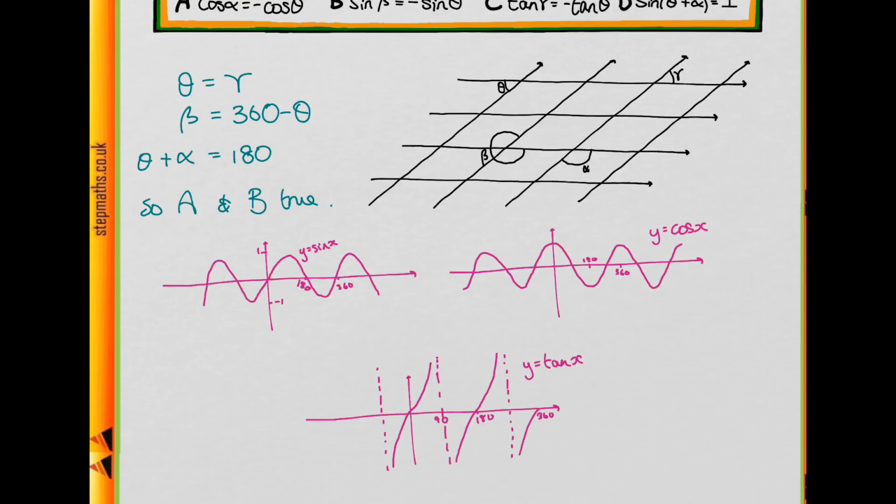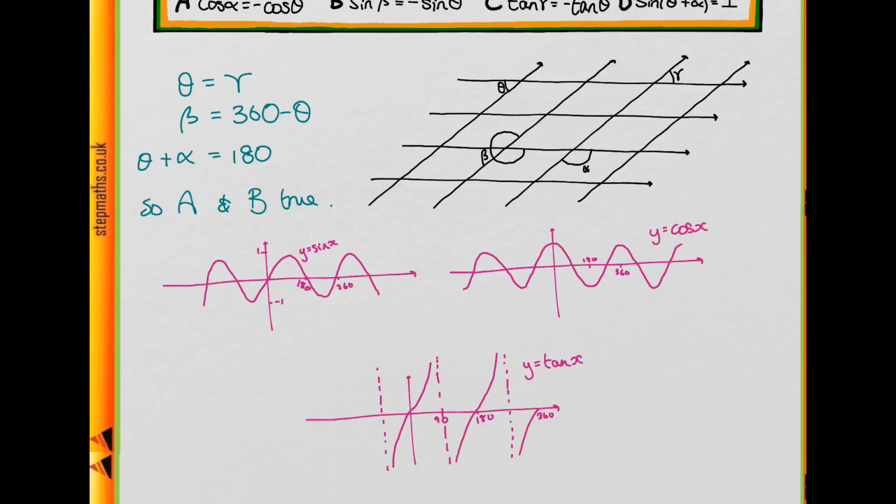Okay, well, if alpha is somewhere around here, then theta is 180 minus alpha, so it's going to come around here. So if alpha's here, theta must be here. And so we see that cos of alpha is the same as the negative cos of theta.